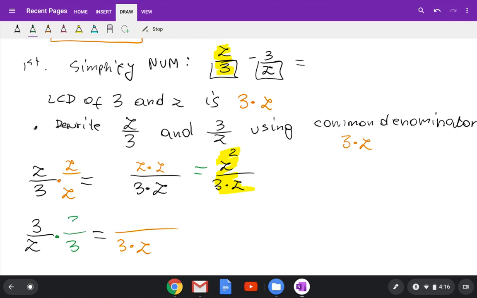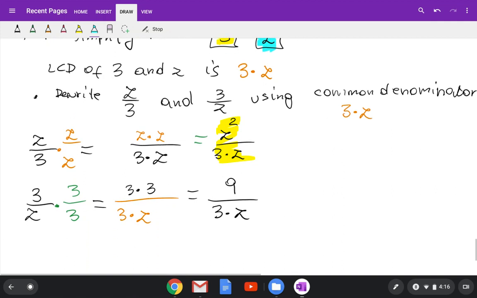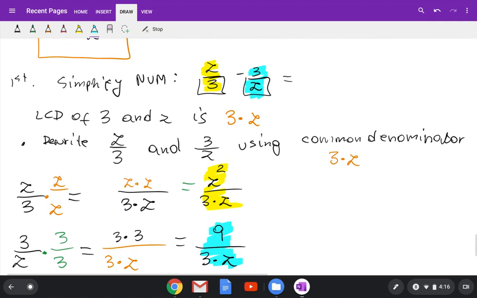So we multiply top and bottom by 3, and then 3 times 3 will give us 9 over 3 times z. So that's the fraction 3 over z. Okay, so now let's simplify that.